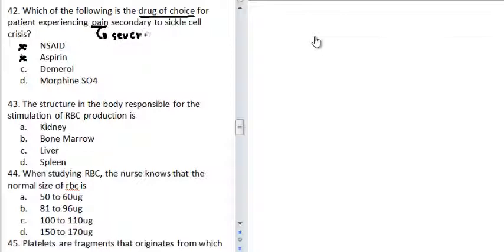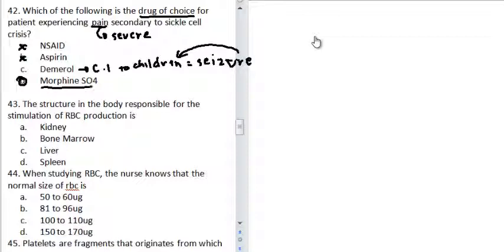Demerol is contraindicated to children with sickle cell because Demerol can cause seizure. They can induce seizure in children. So we use morphine. Okay? Next.